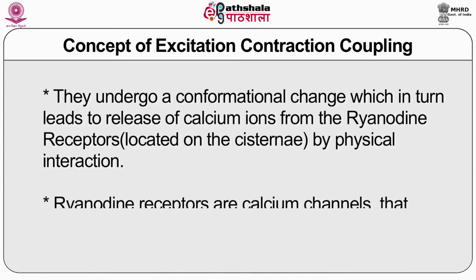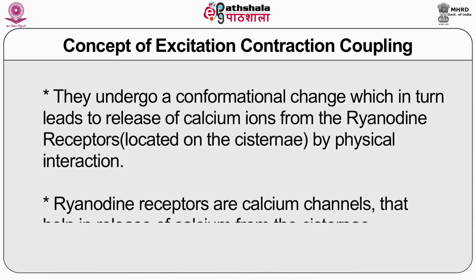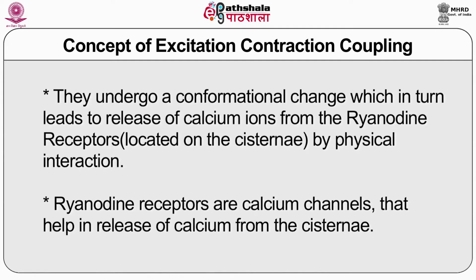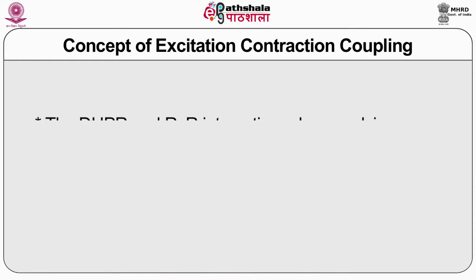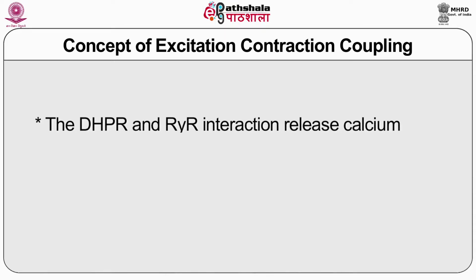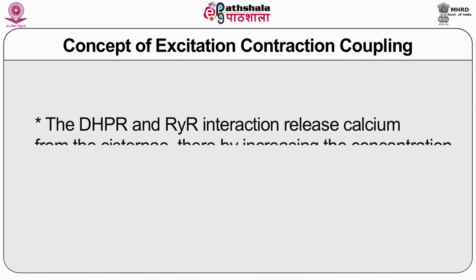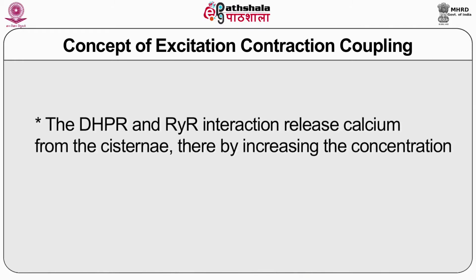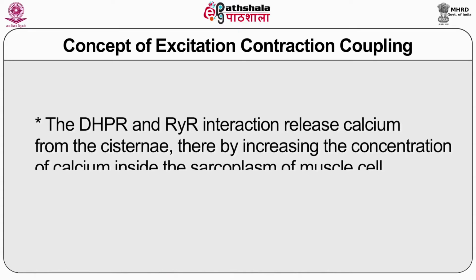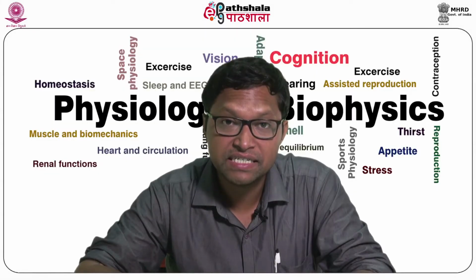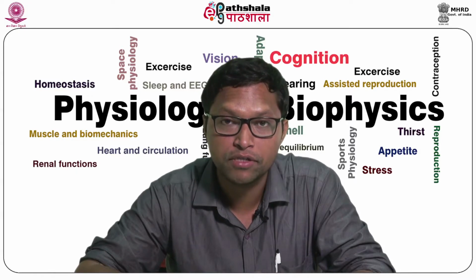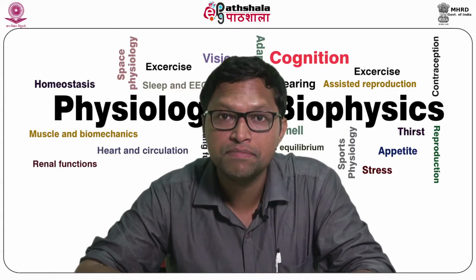Now, the ryanodine receptors are calcium channels that help in release of calcium from the cisternae. Now, the DHPR and the ryanodine interaction releases calcium from the cisternae, thereby increasing the concentration of calcium inside the sarcoplasm of the muscle cell. Now, which in turn helps to bring about the contraction of the muscle.